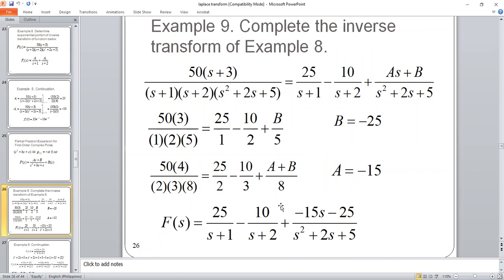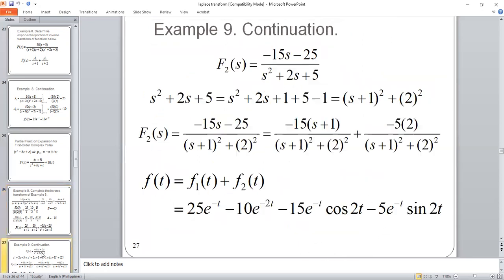What do you think will be the last step? The last step is for you to apply the same procedure we did a while ago, completing the square of this denominator. That way we can get the corresponding functions of t for this particular function of s.